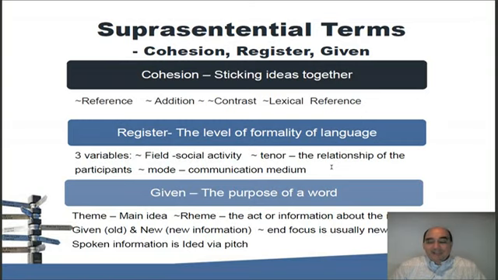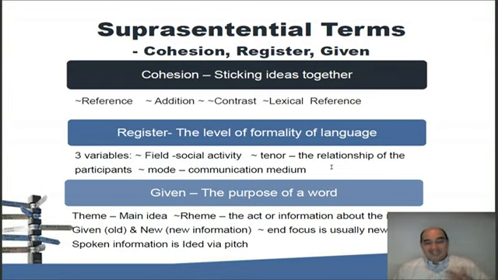Lastly, we have given, the purpose of a word. It's interesting that this has developed the way it has. It seems to make sense, I guess, but it is rather direct. I don't think it happens in every language. Anyway, given has to do with the information that is transmitted during communication, and oftentimes we transmit information and then we transmit new information.